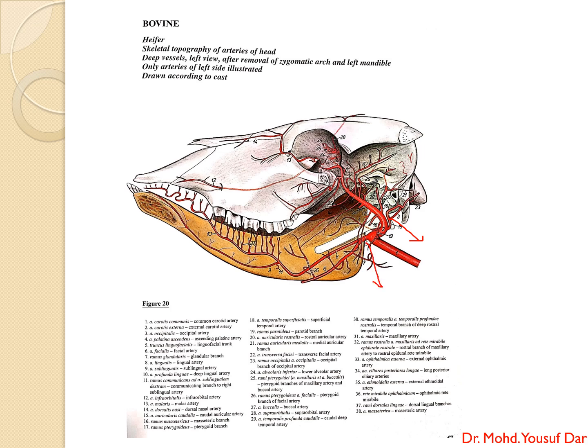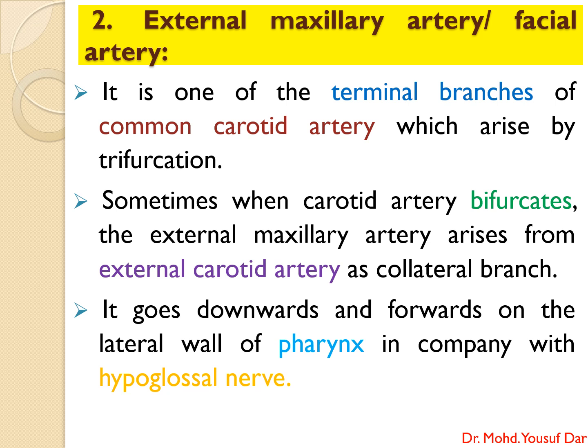And here you can see, this is the facial artery or external maxillary artery or linguofacial artery, and this is the external carotid artery, continuation of the common carotid artery. Now the second branch is the external maxillary artery or facial artery. It's also known as linguofacial artery.